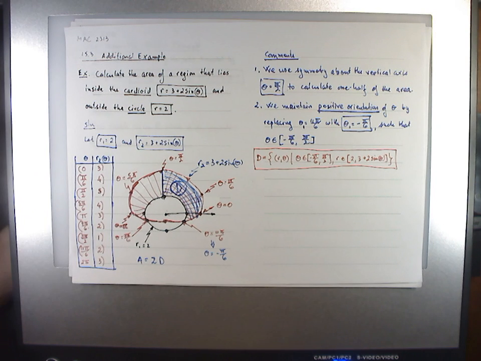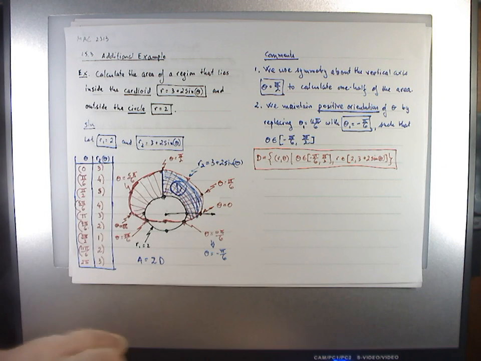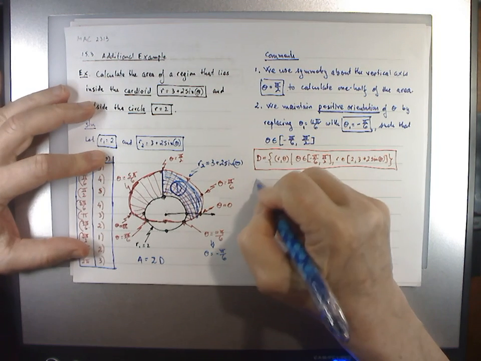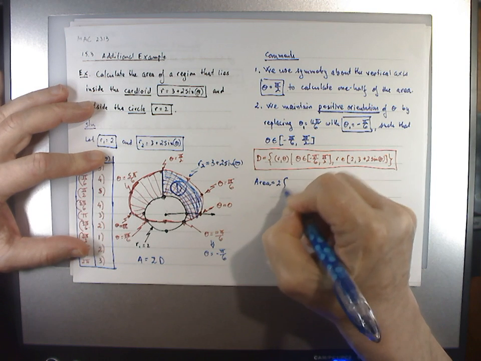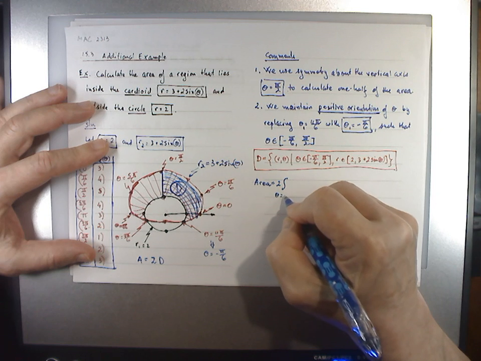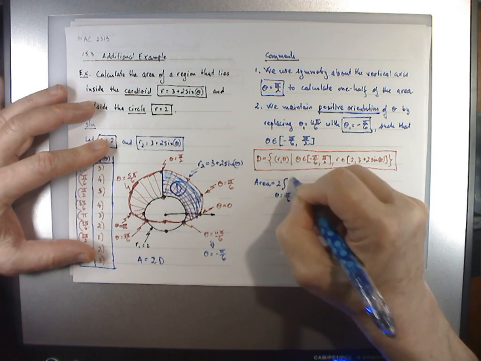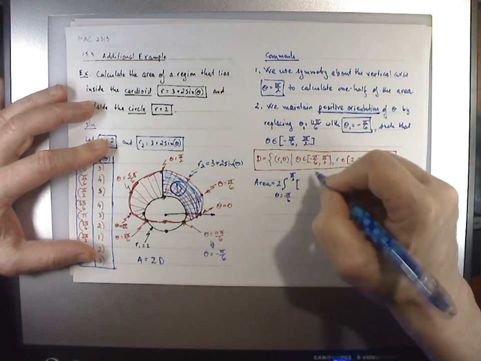All right, so now we can write the area equals, we double it, so it will be twice the double integral. Theta is going to run from negative pi over 6 to pi over 2, and then we integrate with respect to r.